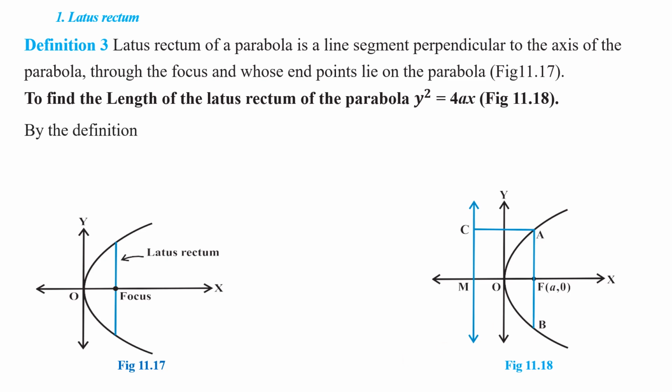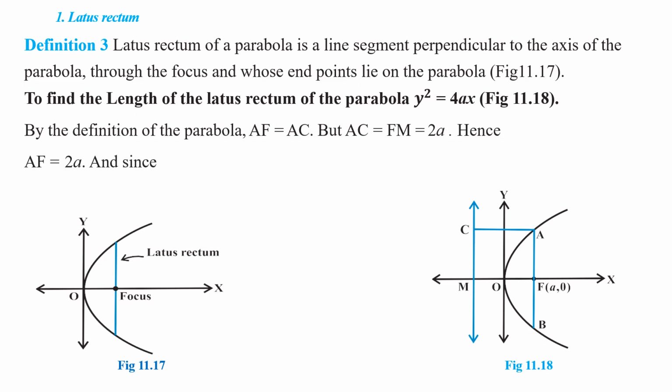Right. By the definition of the parabola, AF is equal to AC, but AC is equal to FM, that is equal to 2a. Hence AF is equal to 2a.